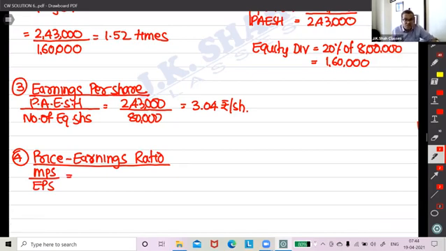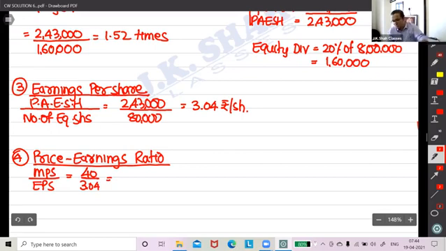MPS has to be given in questions. I've already told you. MPS is how much? 40 rupees. And EPS we calculated 3.04. So 40 divided by 3.04 is 13.157, right? So 13.16 will do.